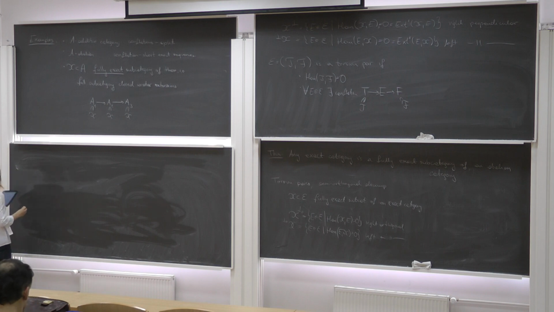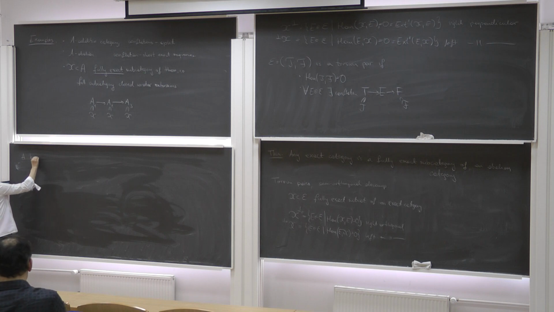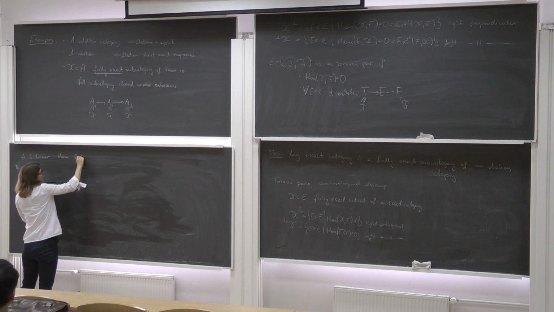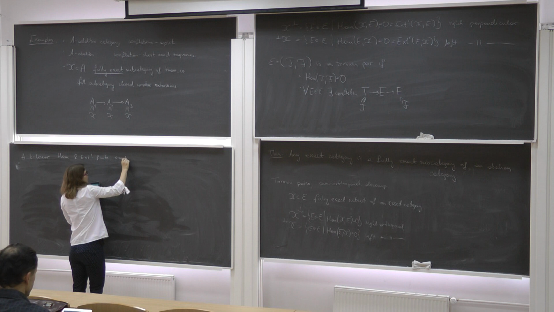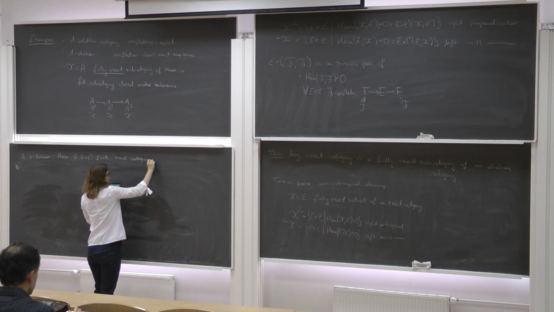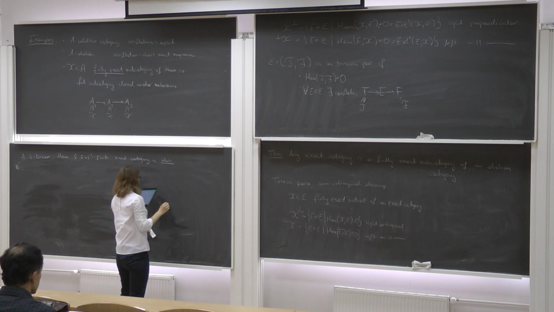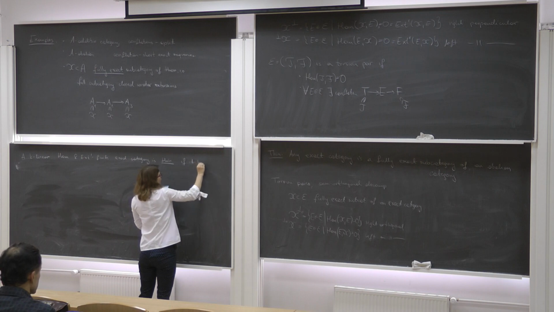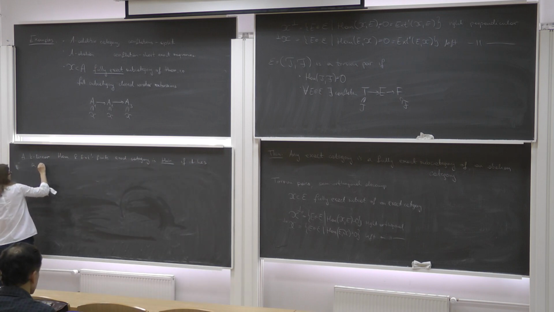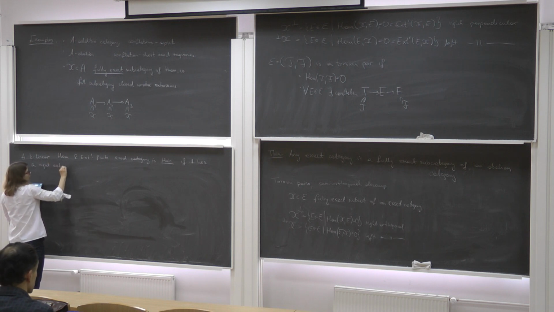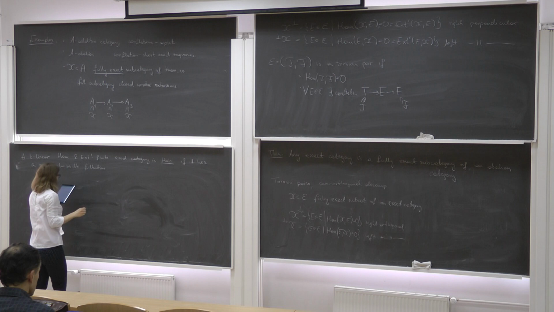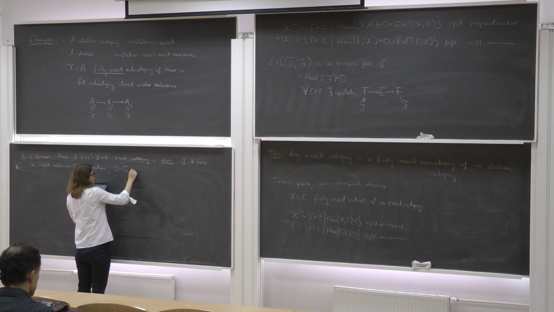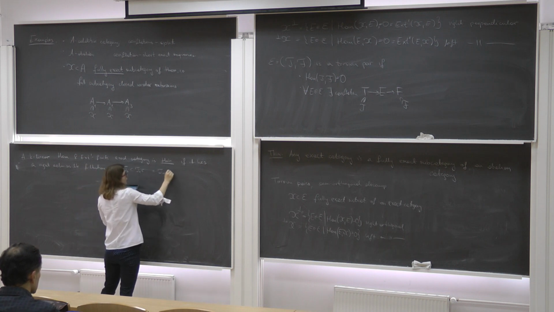So a definition: a K-linear, Hom and Ext1 finite exact category is thin if it has a right admissible filtration, so I start from T0, then I have some T1, and I end with Tn.